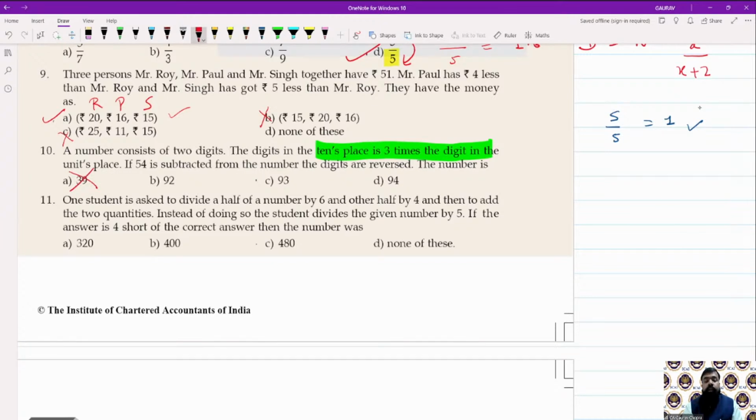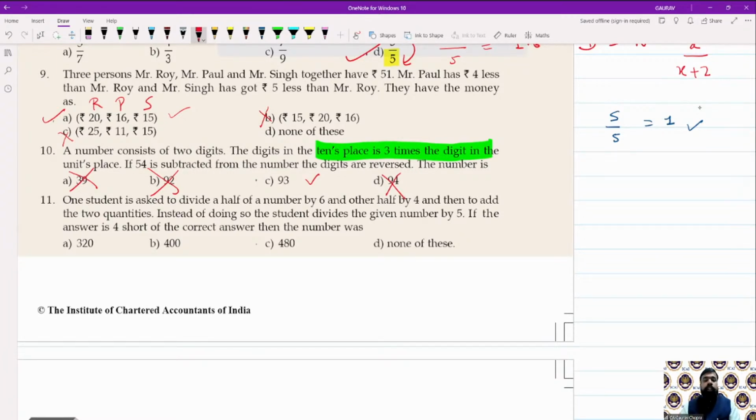Option number B. क्या 9 2 का 3 times है? No, it is also rejected. Option number C, 9 3 का 3 times है, yes, it is satisfying the first condition. 94 में क्या 9 4 का 3 times है? No. So only option number C is satisfying the conditions.